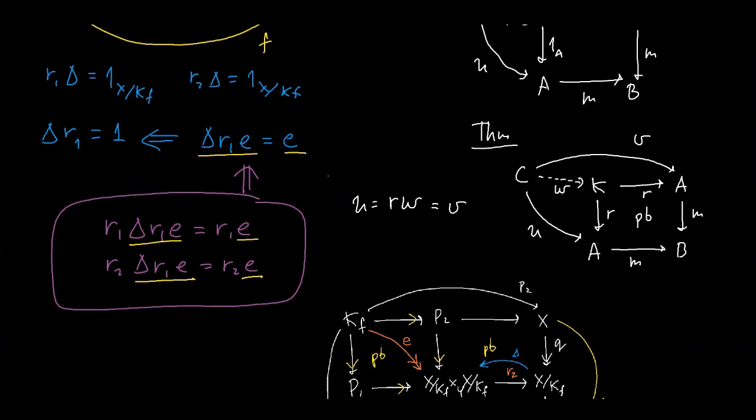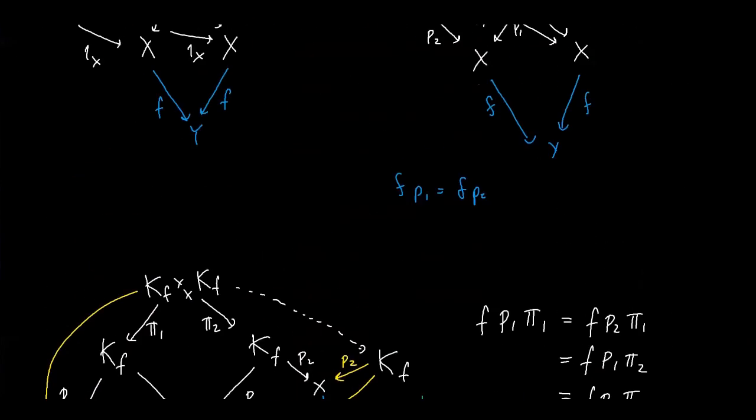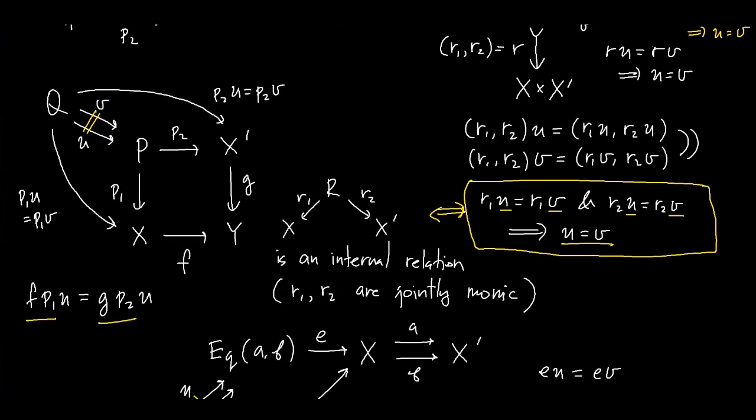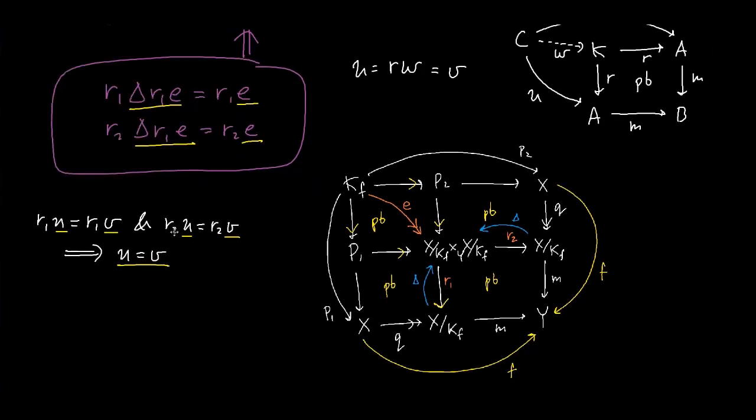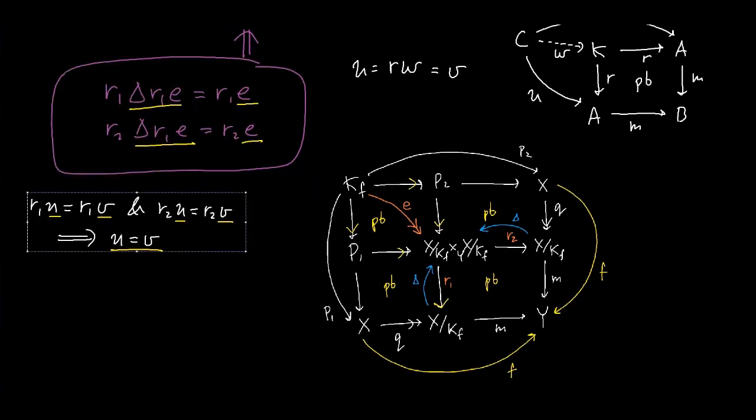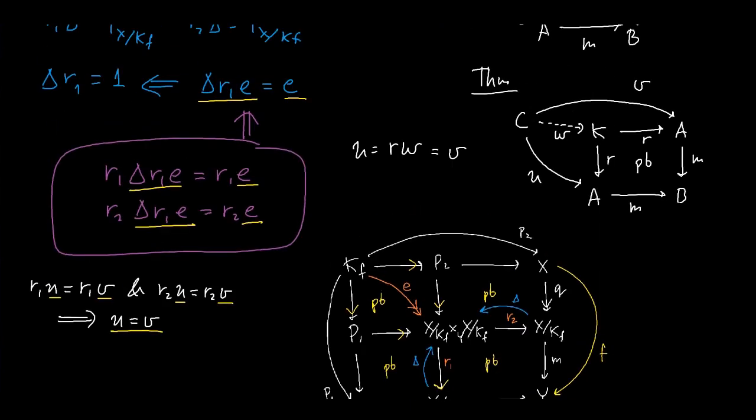So think of this as, if I literally copy paste this thing, it's exactly what we have here, with the underlying arrows being the ones that match with each other. So now we've reduced the problem to proving this. Or maybe I haven't yet explained why this gives us that M is going to be monomorphic.